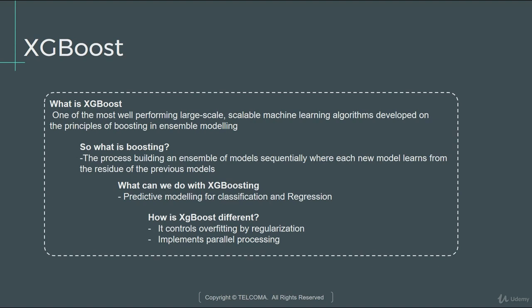Over a process of, let's say, 25 trees, 25 iterations, you hit that saturation point where you overfit and you don't really know how to tune your parameters. So XGBoosting controls overfitting by regularization. It is one of the first boosting techniques that implemented regularization within the technique.